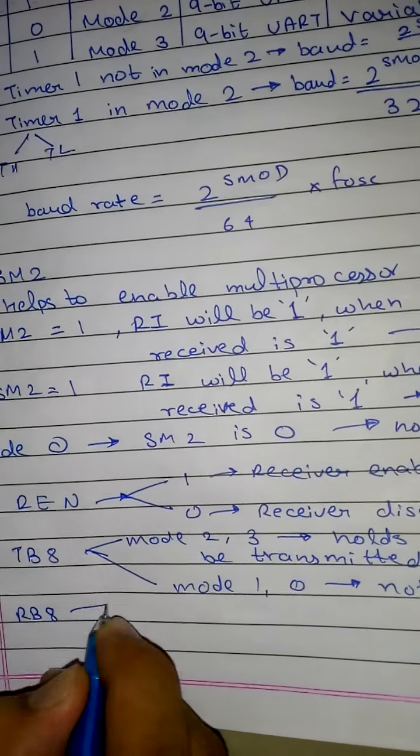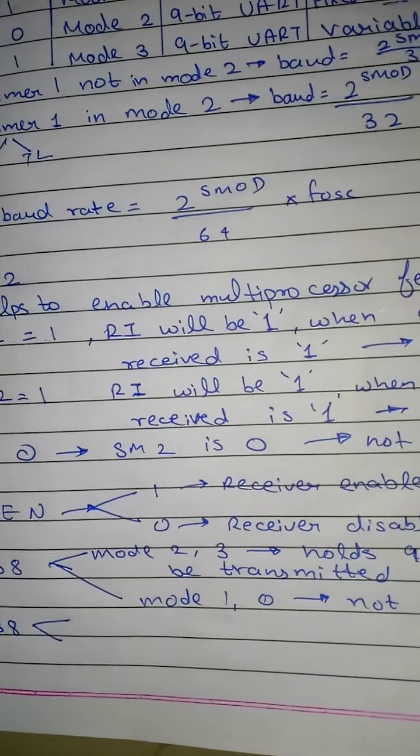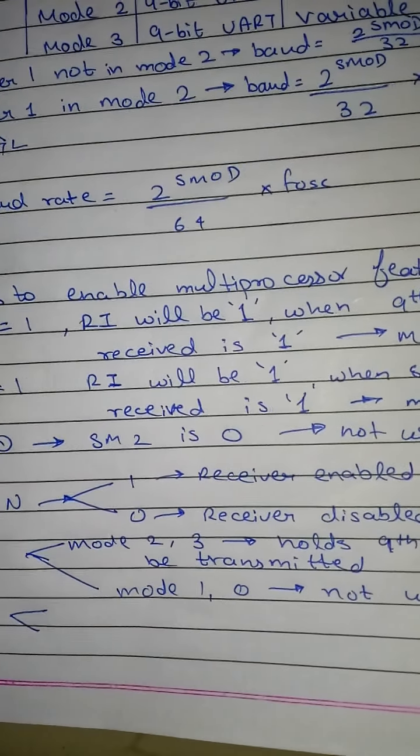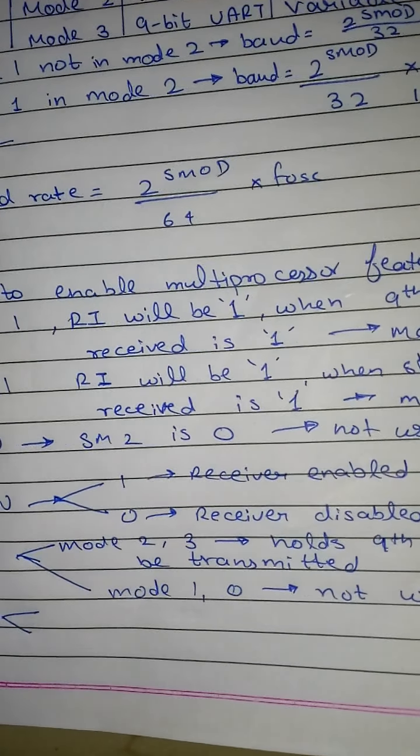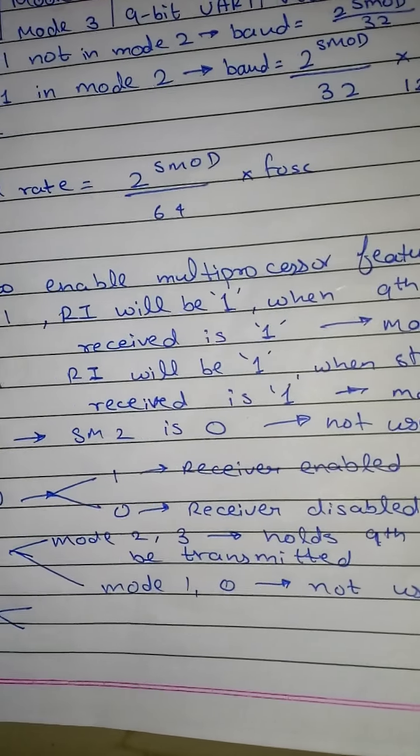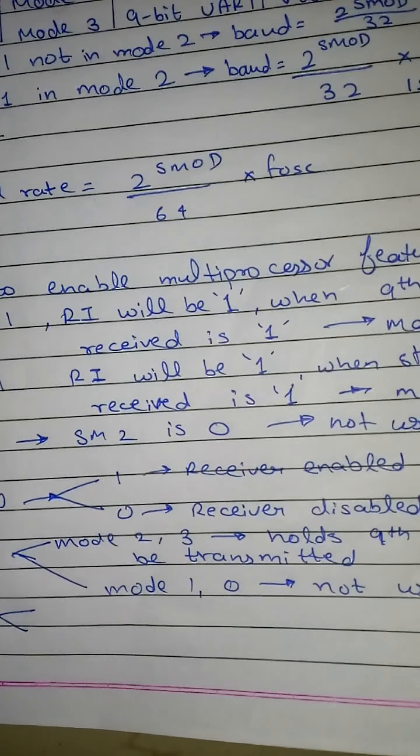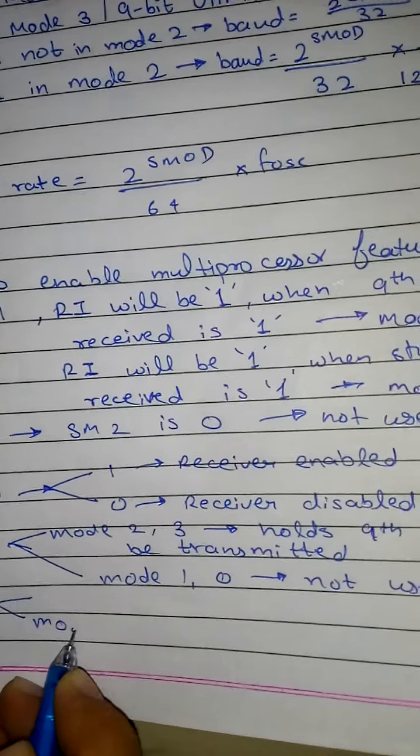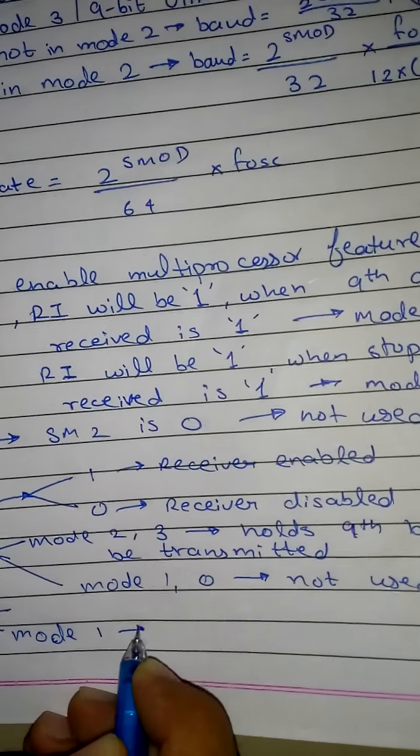RB8 similarly, in mode 2 and mode 3, holds the 9th bit received, and in mode 0 it is not used, but in mode 1 it receives the stop bit.